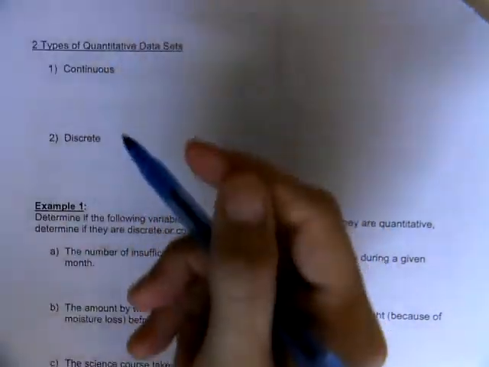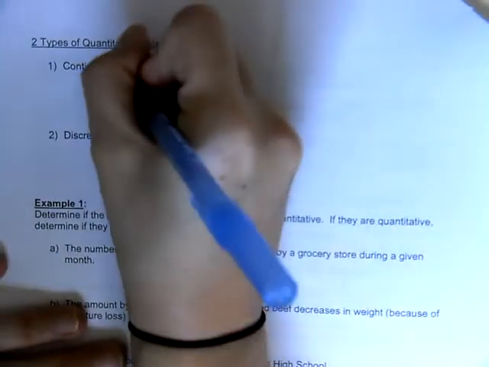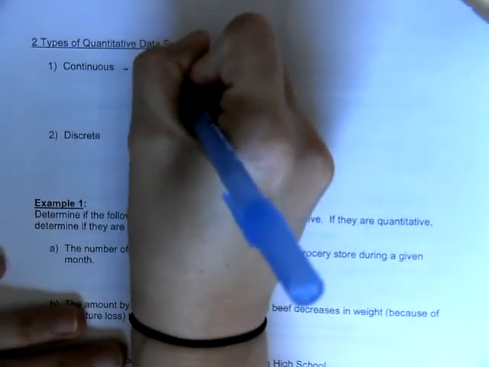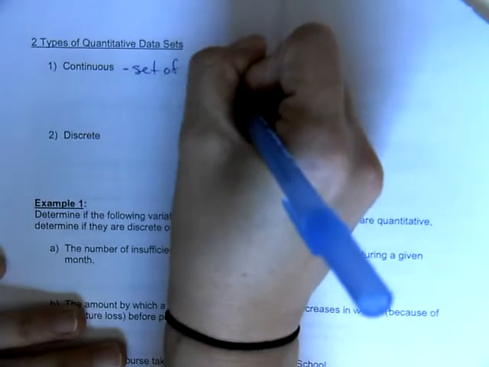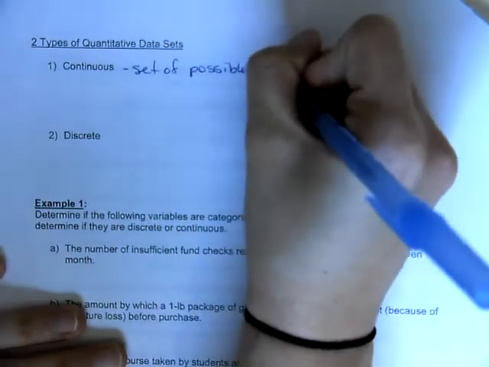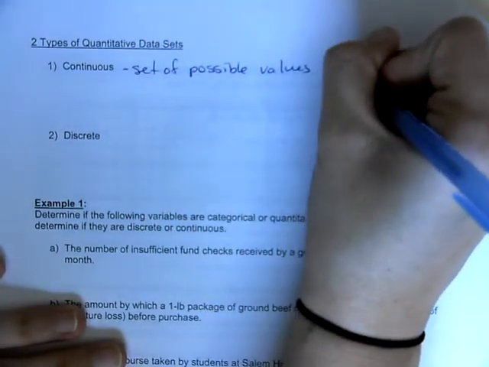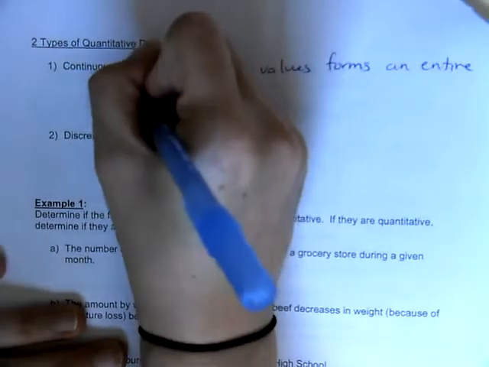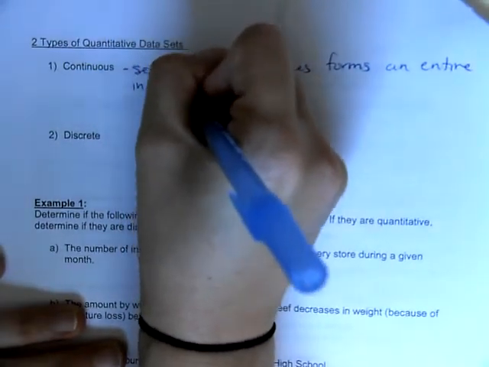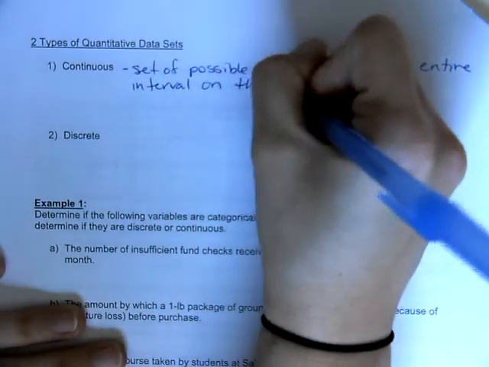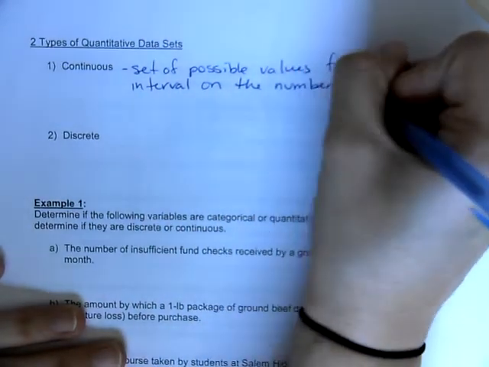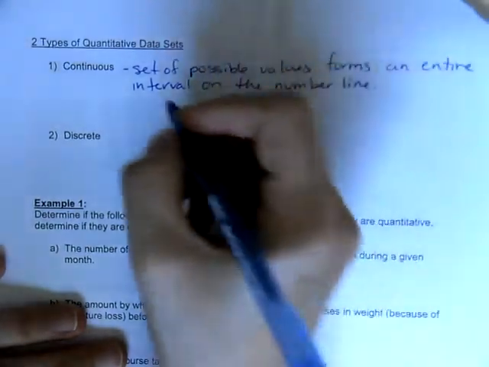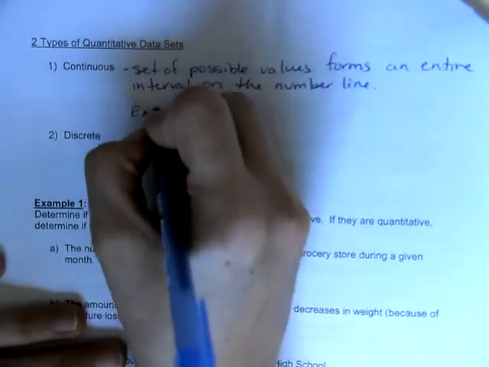So continuous data is when the set of possible values forms an entire interval on the number line. So, for example, anything that you can keep counting.